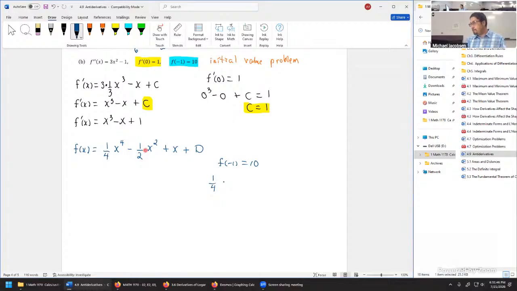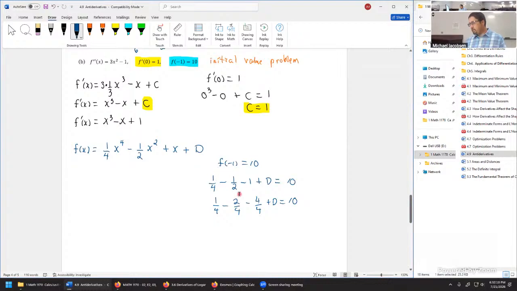Minus 1/2 times -1 to power 2 is just 1, so just a minus 1/2. Then minus 1 plus d is 10. So we can make this be a 1/4 minus 2/4 minus 4/4 plus d is 10.